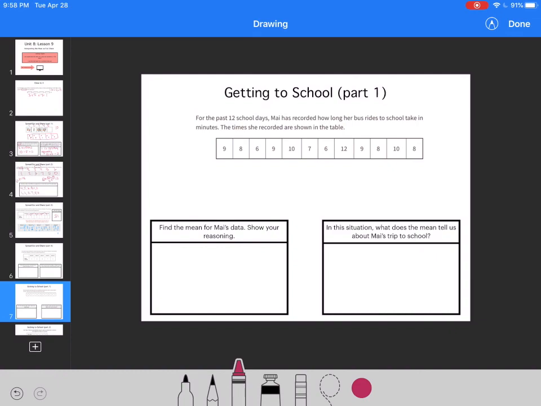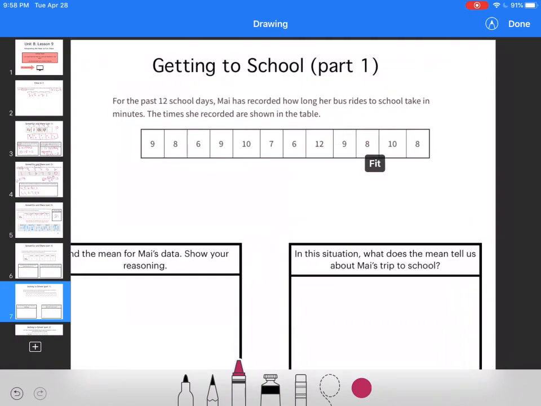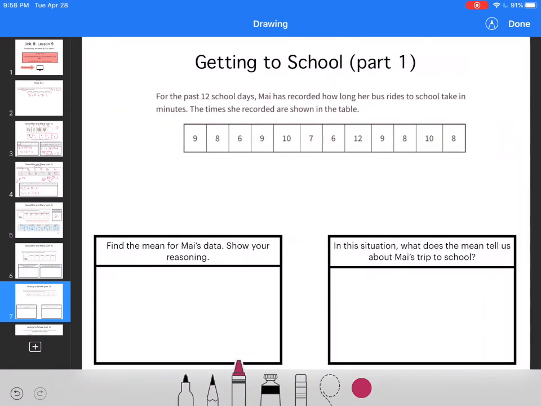So now it says, for the past 12 days, Mai has recorded how long her bus rides take to school in minutes. The times are recorded in the table below. So I know I have 12 numbers, so I know I'm dividing by 12. And then I'm going to take these numbers and add them up in my calculator.